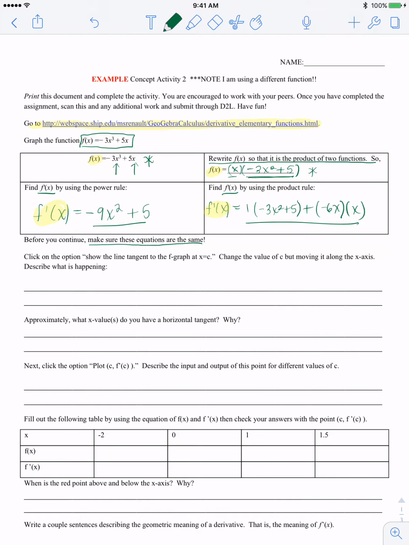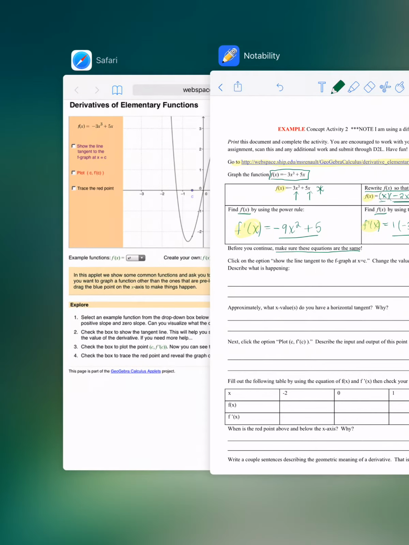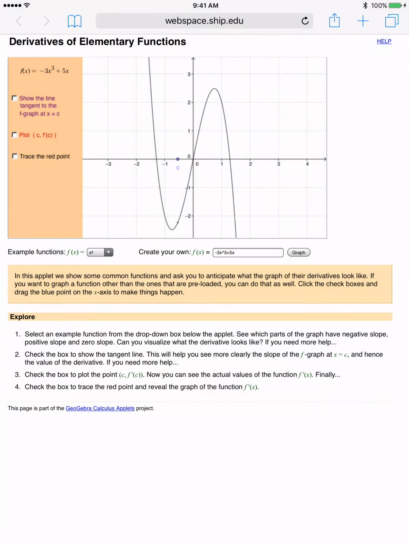Now let's get back to the applet. It says click on the option, show the tangent line to the f graph at x is equal to c. Change the value of c by moving it along the x-axis. Describe what is happening. So we'll go over to our applet and we'll show the tangent line.